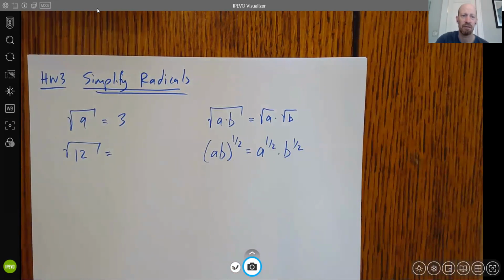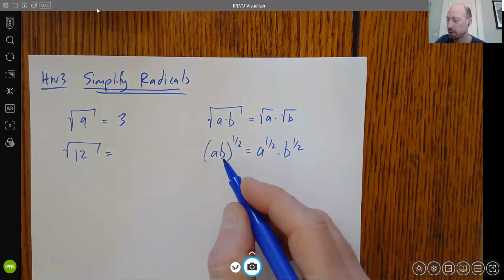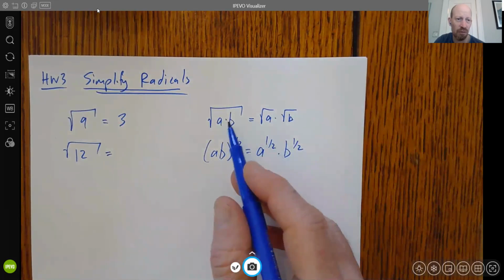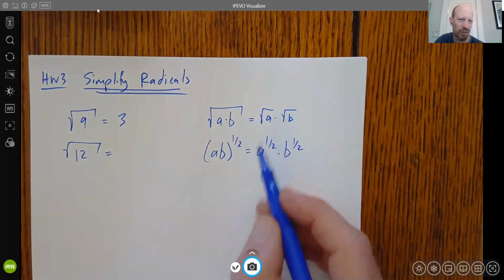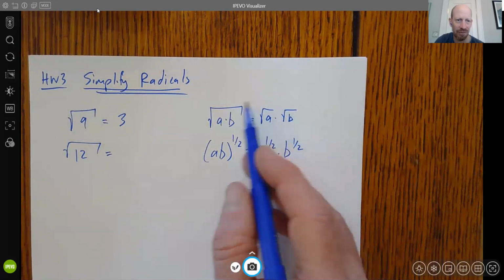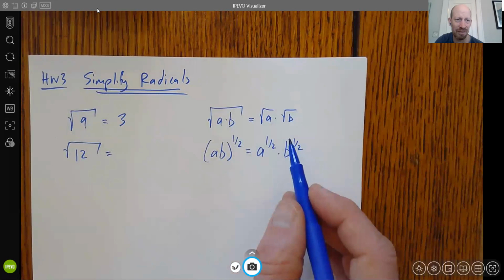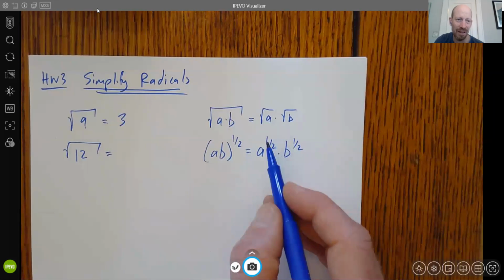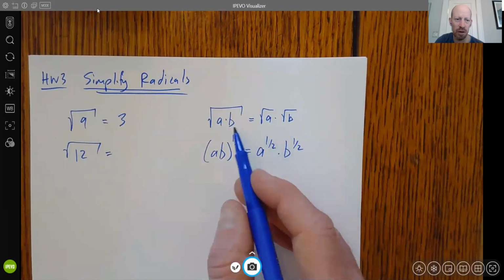And we know that from our work with exponents, and a radical is just an exponent. So this is really not that amazing. It's just like what we did here already, just with a fractional exponent.